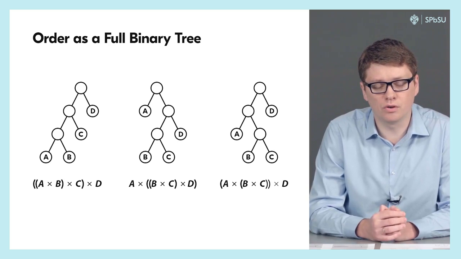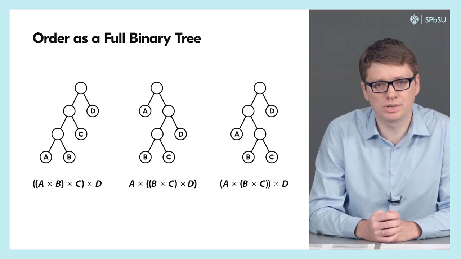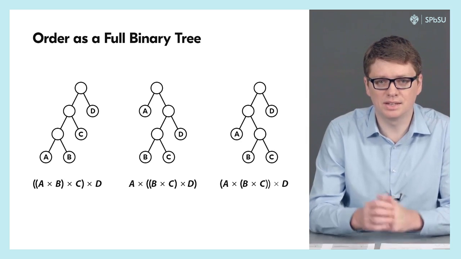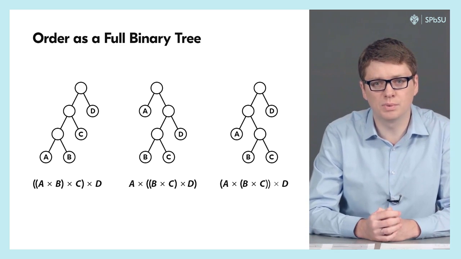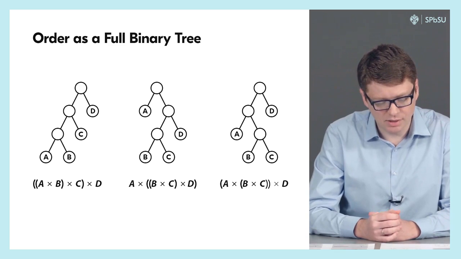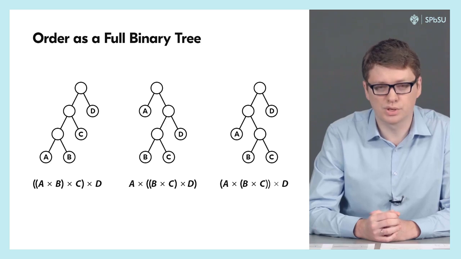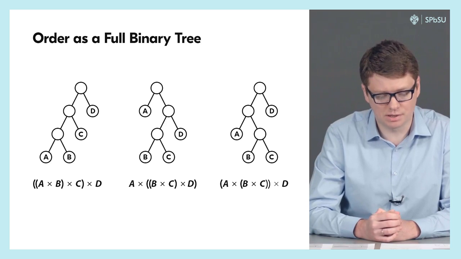Any order of multiplication of our matrices can be conveniently represented as a binary tree, where we have our initial matrices at the leaves, and each internal node actually multiplies two matrices. So, for example, the first tree shown here on the slides corresponds to the order where we first multiply A by B, then multiply the result by C, and multiply the result by D.